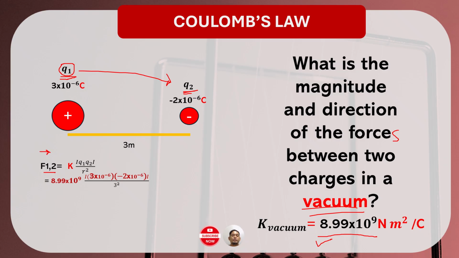Now we will have the Coulomb's equation here. We have charge 1 and charge 2, and since it's in a vacuum, we put the value of K there. And we also put in the values of charge 1 and charge 2. If you look at the illustration again, charge 1 is 3 times 10 raised to negative 6, so we put it here.